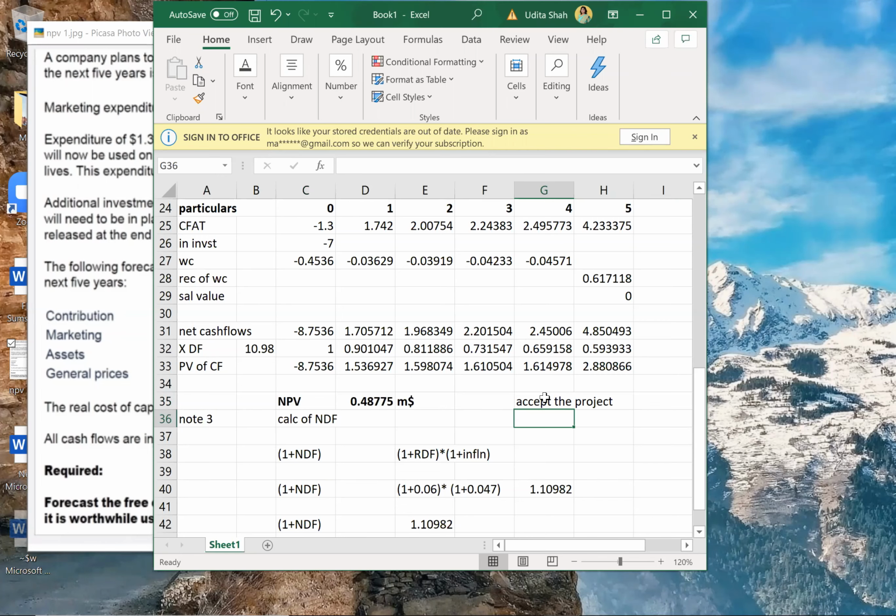See if you understood this. Guys, check if you're getting the answer of NPV 0.4875 million.